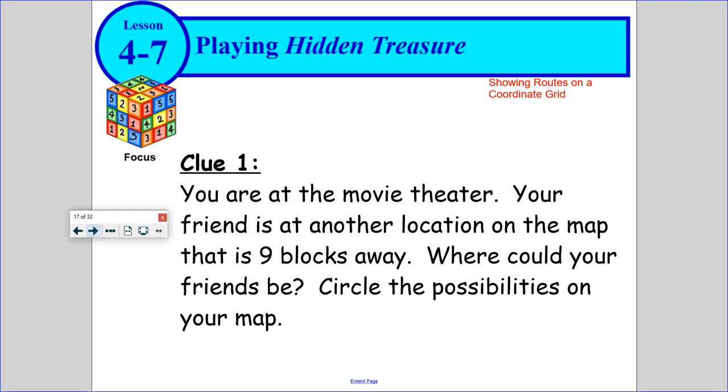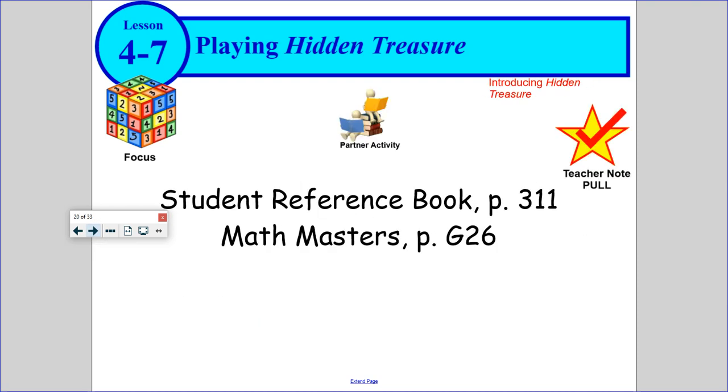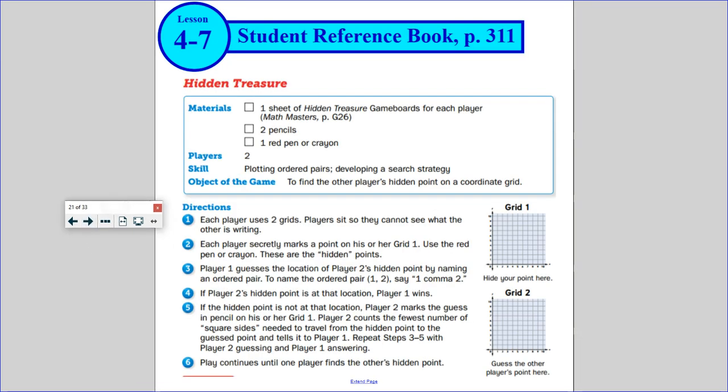So we're going to skip through these. We just did a few together. What I'd like you to do is, if you remember, you can get to the student reference book that is on page 311. You can get to that on the Everyday Math page or Everyday Math website, but I have it right here for you to look at. So playing Hidden Treasure, there are 2 different ways.